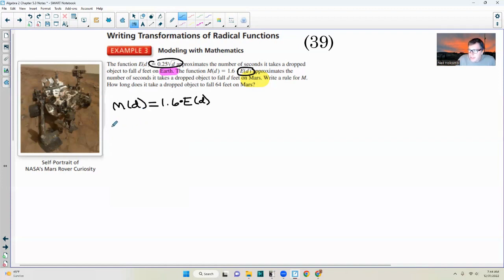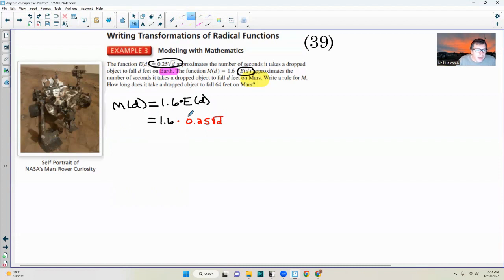So that means that I'm going to then write M of D equals 1.6 times, and I'm substituting in, 0.25 square root D. So all I did was substitute in E of D. All I did is replace it with what it's equal to.